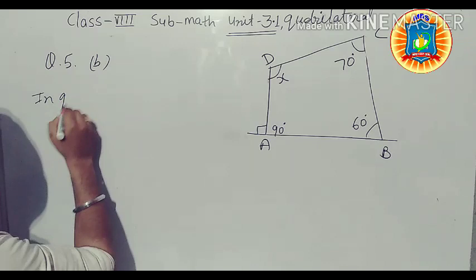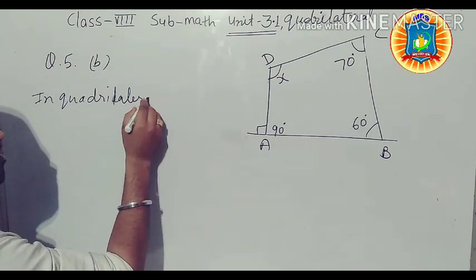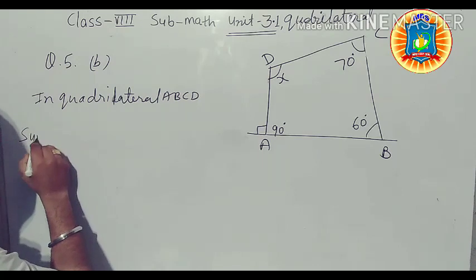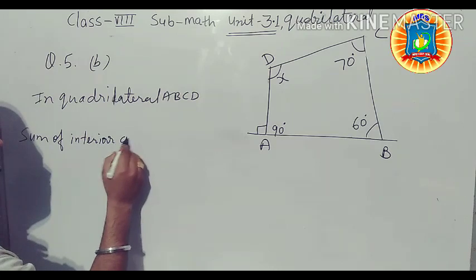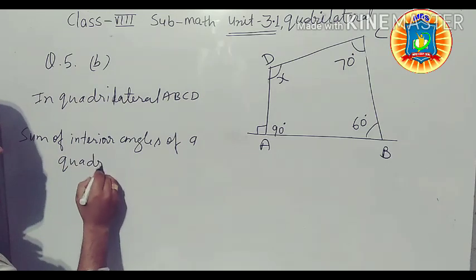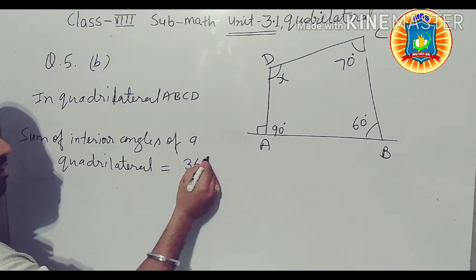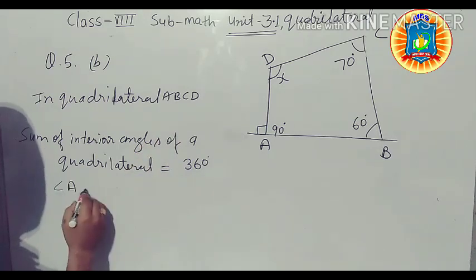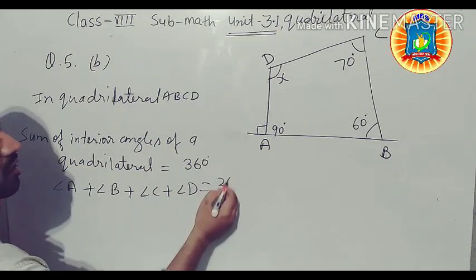So in quadrilateral ABCD, we know that the sum of interior angles of a quadrilateral is 360 degree. So we want to find the angle D. We add all the angles: angle A plus angle B plus angle C plus angle D is equal to 360 degree.